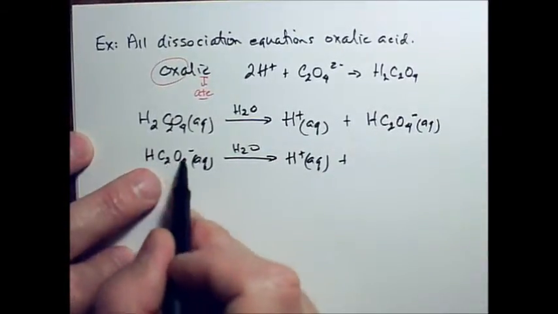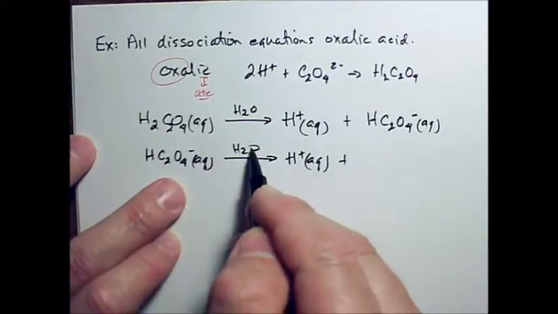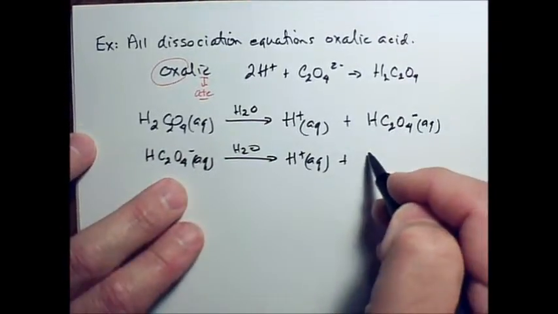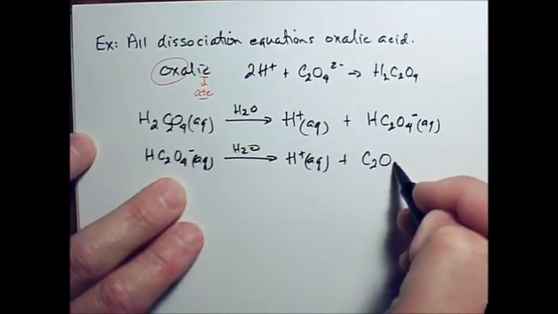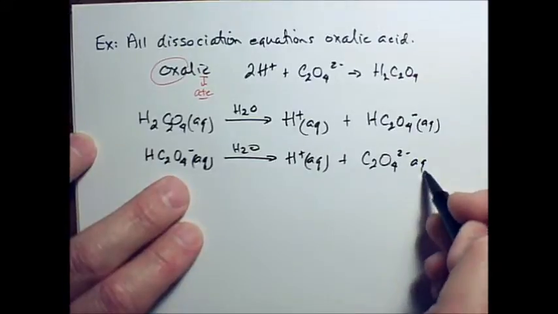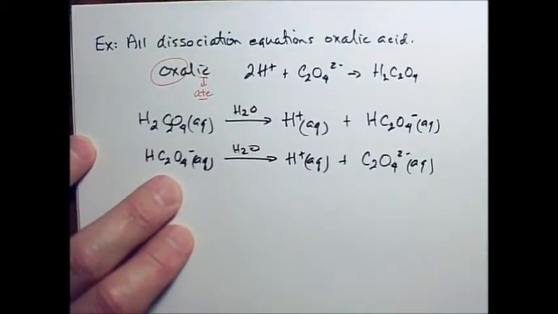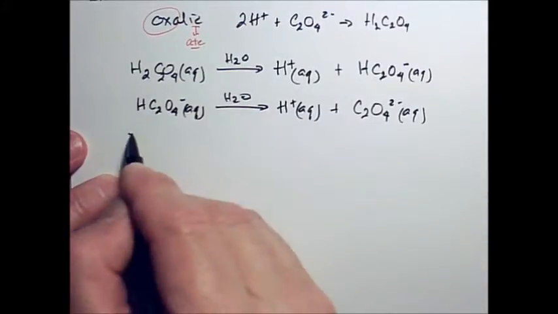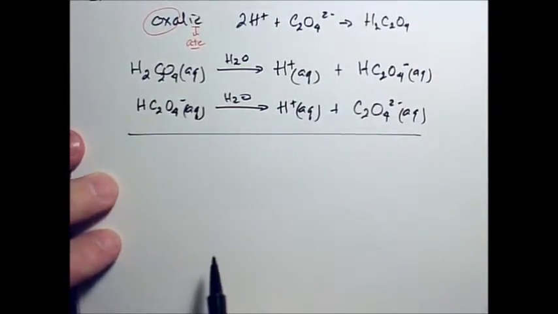And if I started out with a 1 negative charge here, and I remove a 1 positive charge here, then what remains is C2O4. It's got to be one more negative than this, so that's 2 negative aqueous. Okay? Now, that's all the Arrhenius, because I've removed all the ionizable hydrogens.